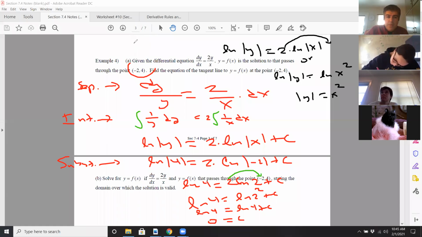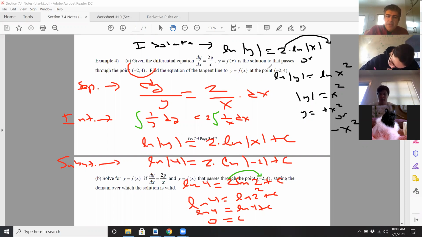So again, we're doing the isolate part here right now. Don't worry, I'll answer part A, the equation of the tangent line, but I just wanted to solve this first. So y either equals positive x squared or negative x squared.